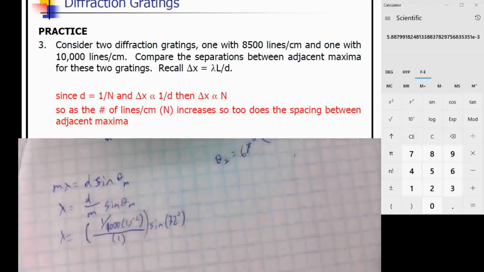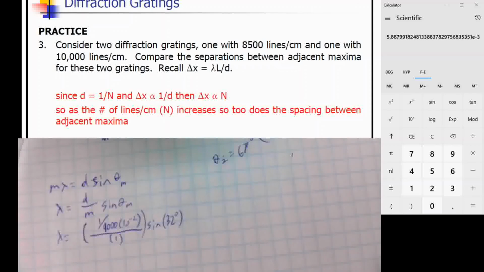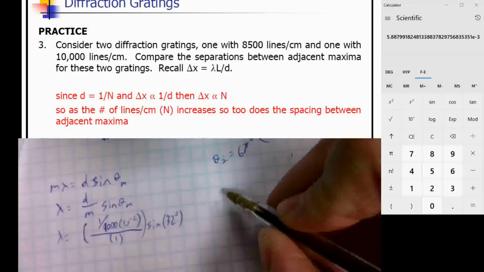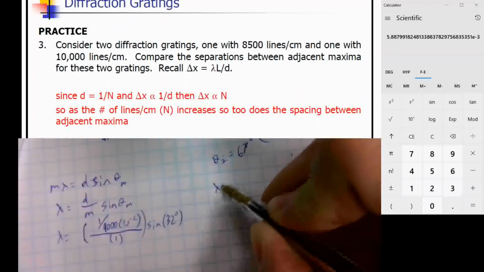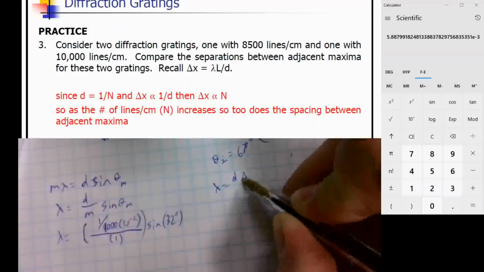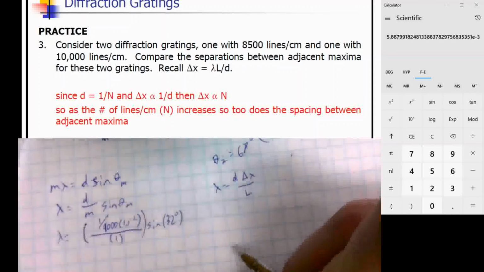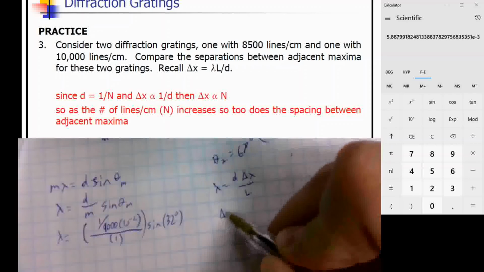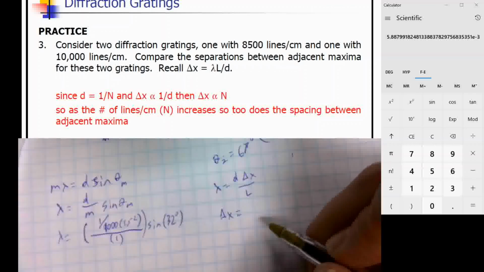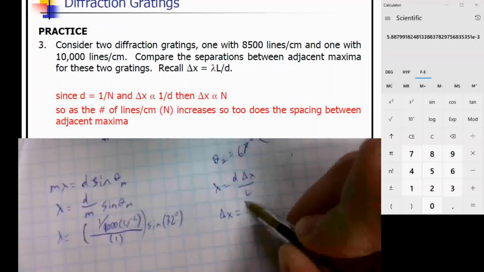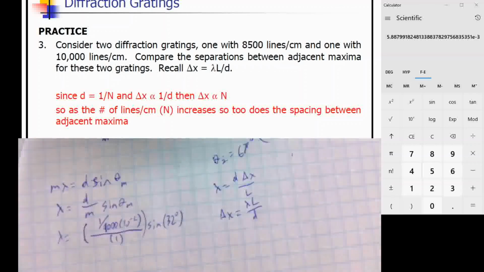We're going to write the delta x equation for maxima. Lambda is equal to d delta x over L. And rearranging that for delta x, we end up with delta x equals lambda L over d.